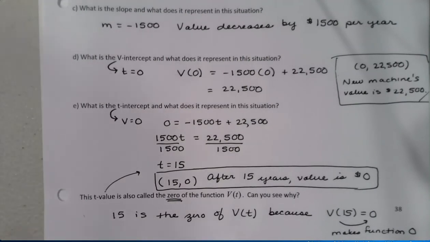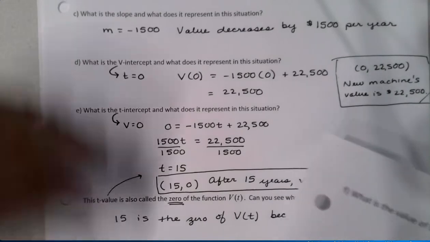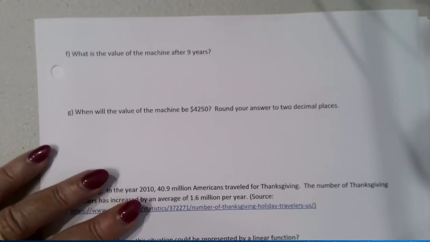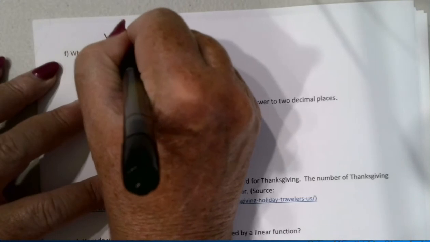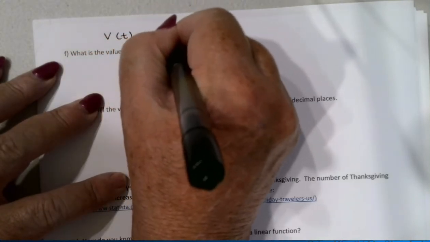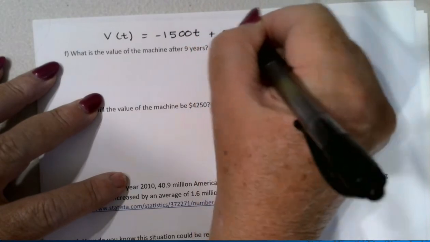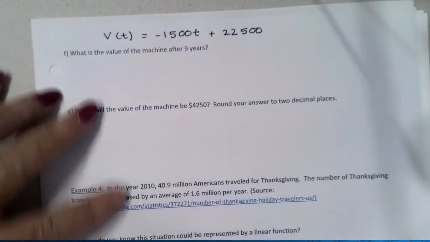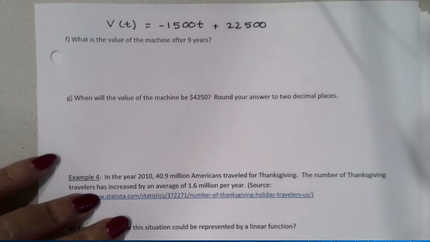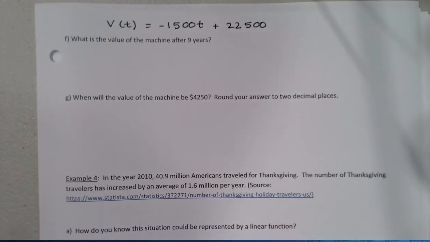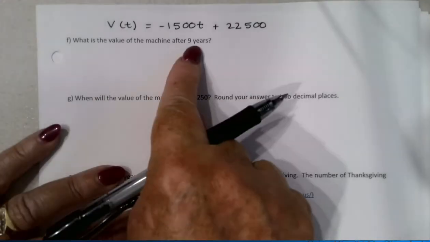All right, we have a couple more questions about this particular problem. I'm going to continue to work by hand for now. Just remind us what v of t looked like. The next question was, what is the value of the machine after 9 years? So we're saying t is 9.